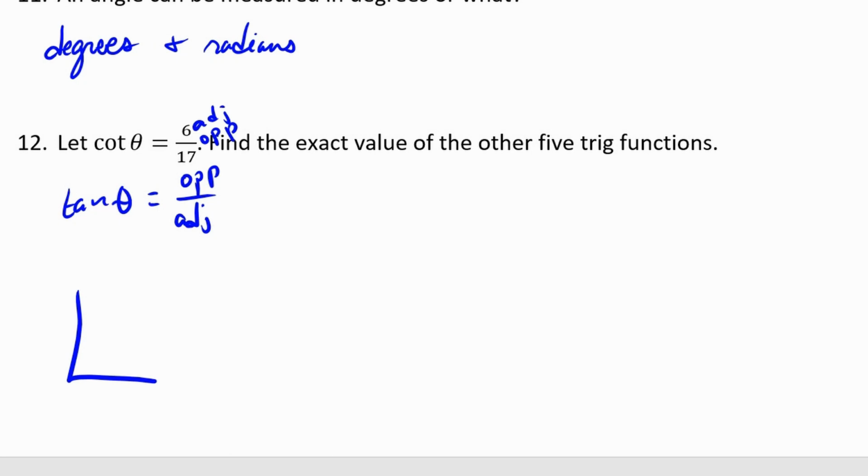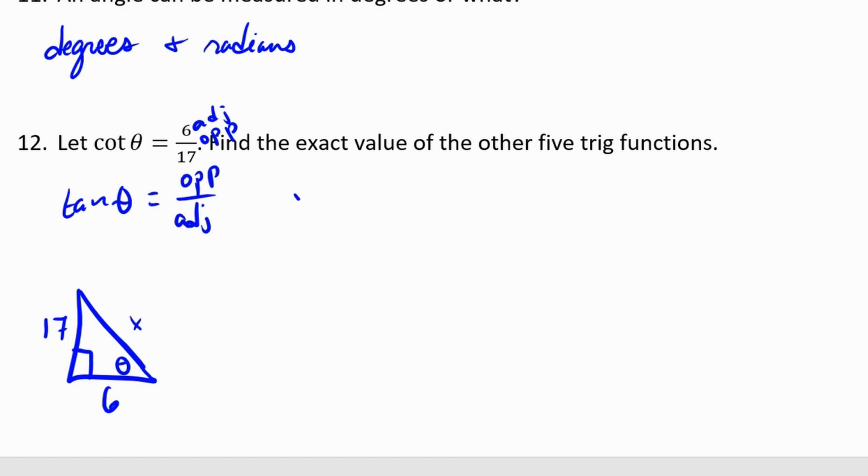So I'm going to draw out a random right triangle. Here's my angle right there. The adjacent side is going to be 6, and the opposite side is going to be 17. So I need to figure out what this hypotenuse is in order to figure out the other 5 trig functions. In order to figure out that part, I am going to use the Pythagorean theorem.